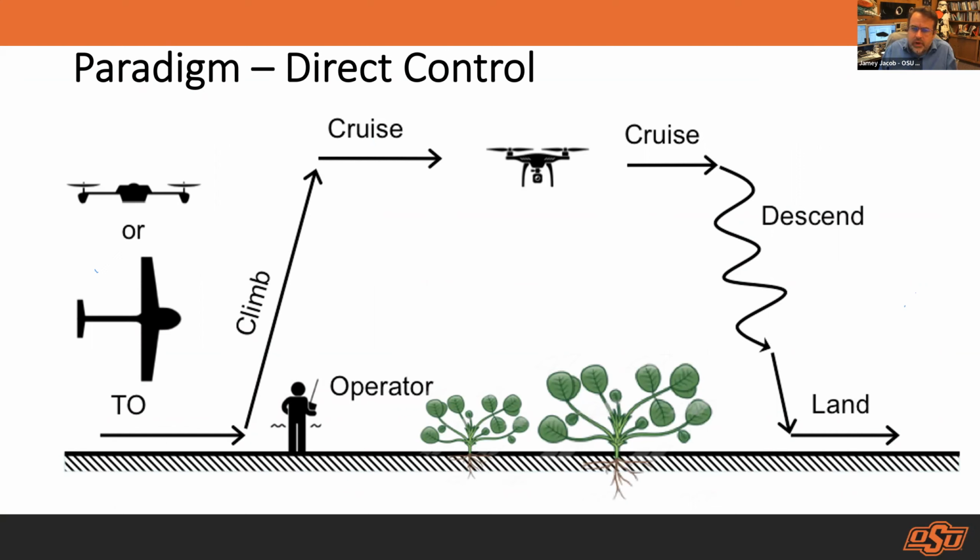So even with something like a fairly modern drone, this is still pretty common, where you're commanding the takeoff, commanding it to go to a certain altitude, and once it climbs to that altitude, cruise to the target. You're controlling what the vehicle is doing during its mission as it's performing recording of its target or getting that data, coming back, descending, and then landing. And that's still possible with almost all vehicles, is having that direct flight control.